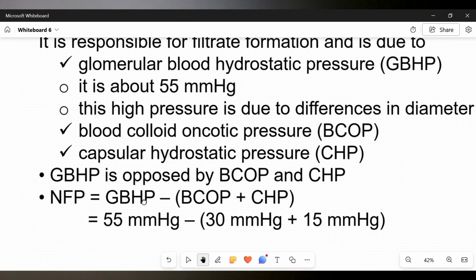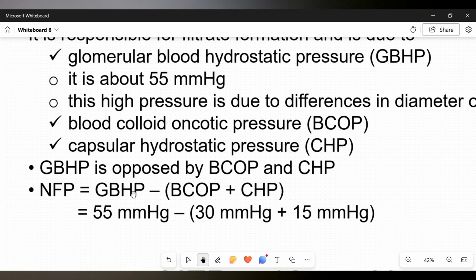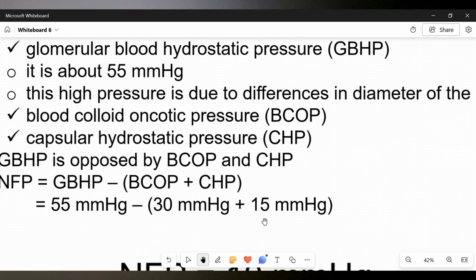So if we put some values into it to give us perspective, say glomerular blood hydrostatic pressure is 55 millimeter mercury, then our blood colloidal oncotic pressure, as a result of the solutes inside the blood, is giving us a pressure of 30 millimeter mercury. Then the capsular hydrostatic pressure, as a result of the fluid inside the capsular space, is giving us 15 millimeter mercury.